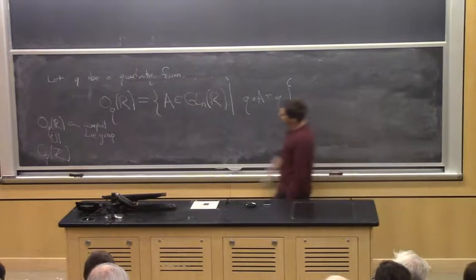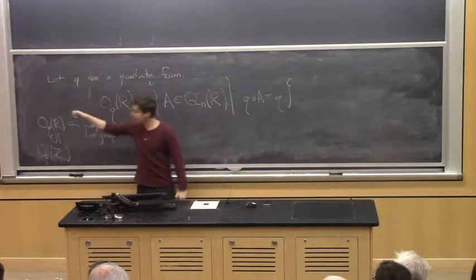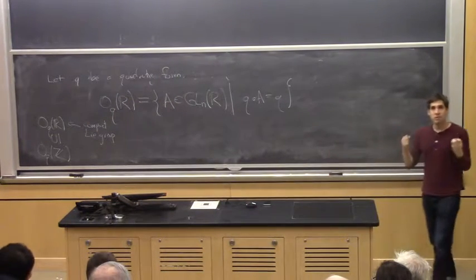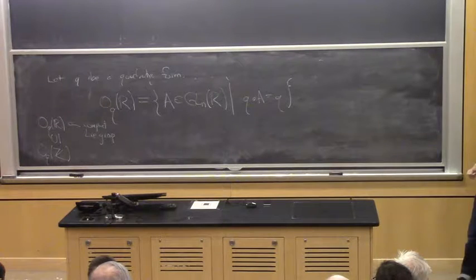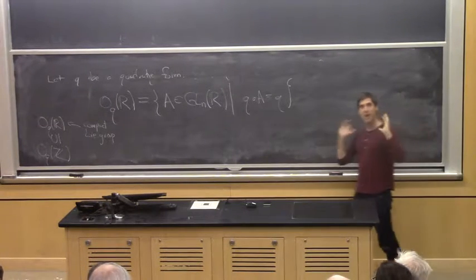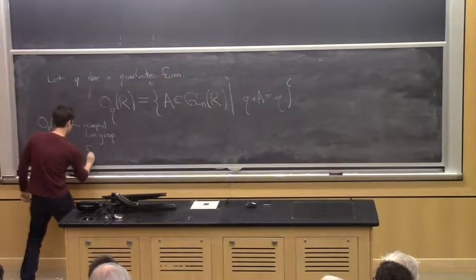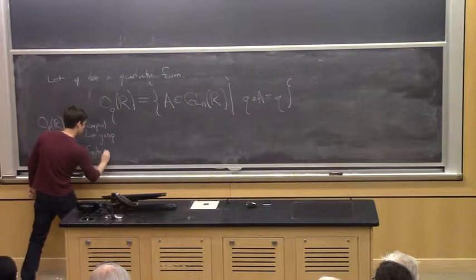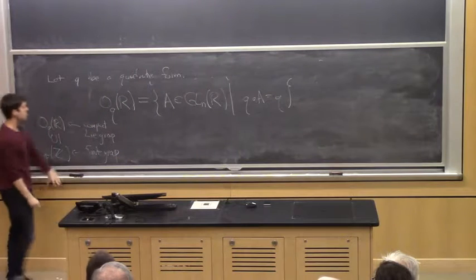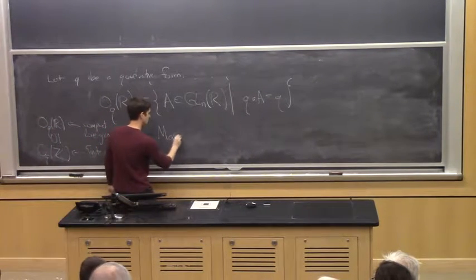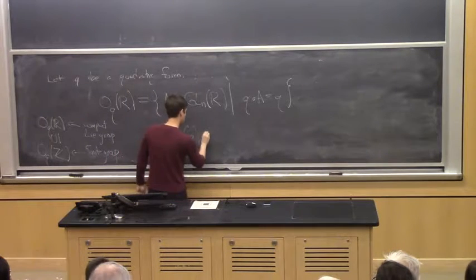And this subgroup is finite for a positive definite quadratic form, because if you look at each lattice vector, there's only finitely many places it can go, because it has to go to another lattice vector having the same length. So this is always a finite group. And that permits us to contemplate the following quantity, which I'll call the mass of Q.